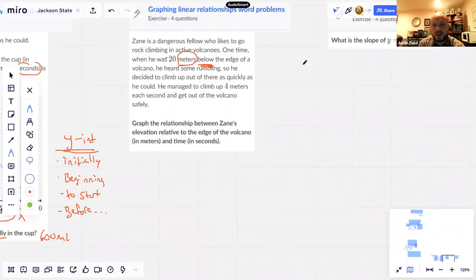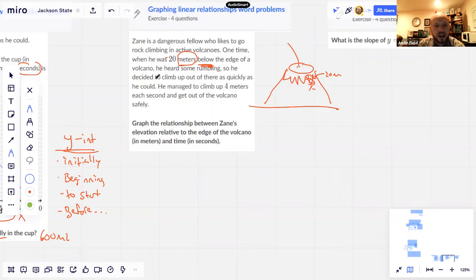Okay, let's just draw this here. Why is he doing this? Zane is right here. Okay. 20 meters right there. Zane is on the volcano. He heard some rumbling. Uh-oh. It's rumbling.